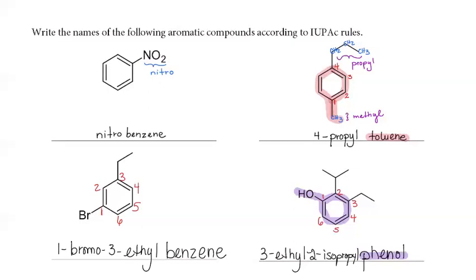So if we have another substituent on that bromo, okay, then let's say you have something on 5. It depends on the name of it, right?